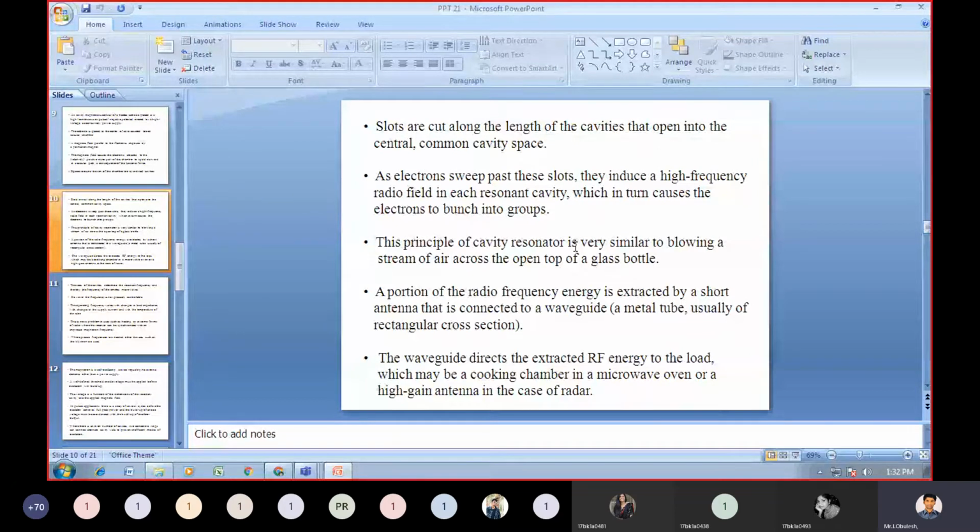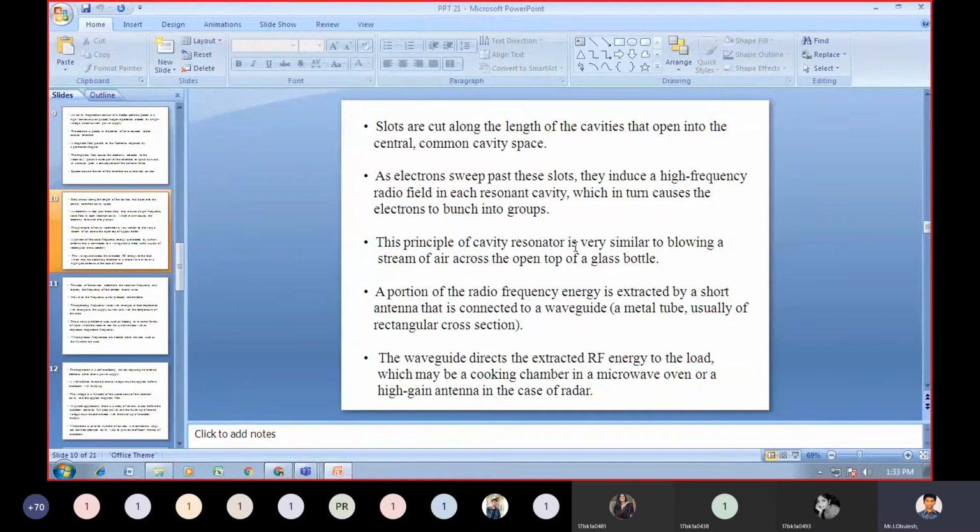As electrons sweep past these slots, they induce a high frequency radio field in each resonant cavity, which in turn causes the electrons to bunch into groups.